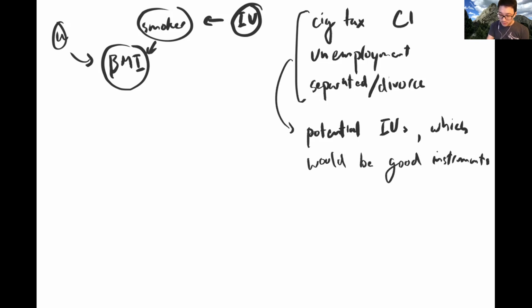So we'll call this CT. The way this would work would be something like, smoker is equal to delta cigarette tax.